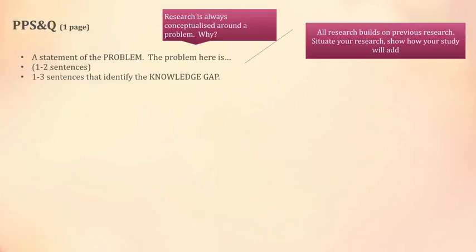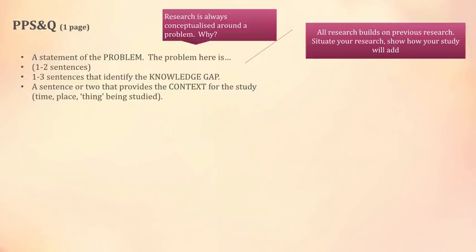And then you have to find a knowledge gap. You have to create a knowledge gap. So you would say, while a lot of research is being conducted in this area, very little is known in this particular context, with this particular cohort, in this age group. So you're specifying smaller and smaller areas that haven't been researched. So that's why it's constructed.